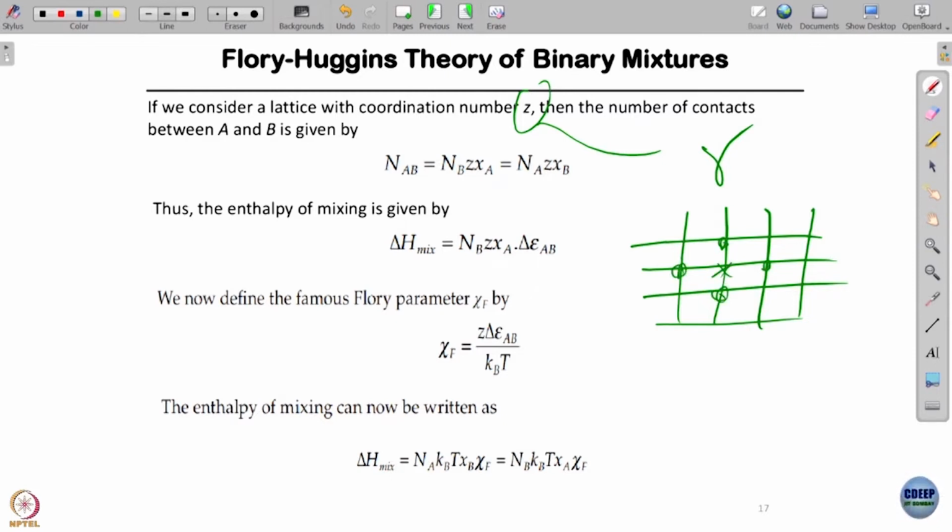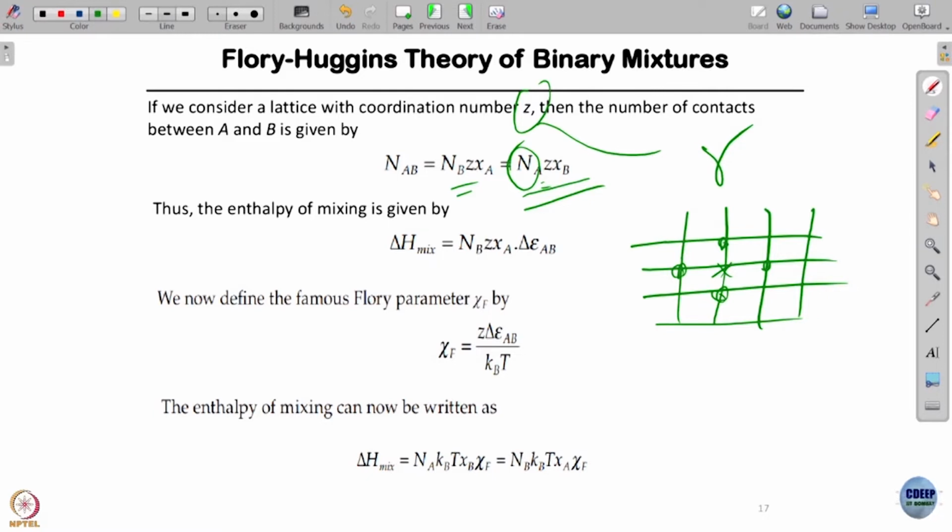So Z is that. Now I want to know the number of contacts between A and B, then I can say, okay, I pick up the number of A there, then I can say the coordination number, and this is very mean field, meaning average, and the mole fraction. So, that gives you the number of contacts AB, these two are exactly the same quantities.